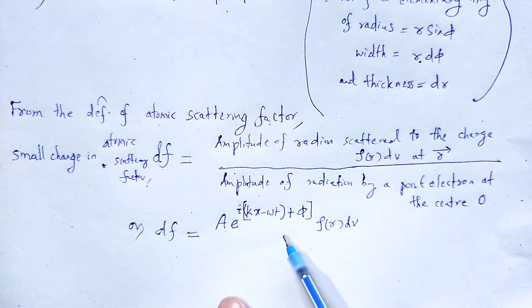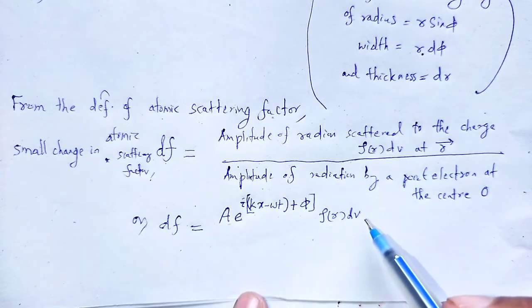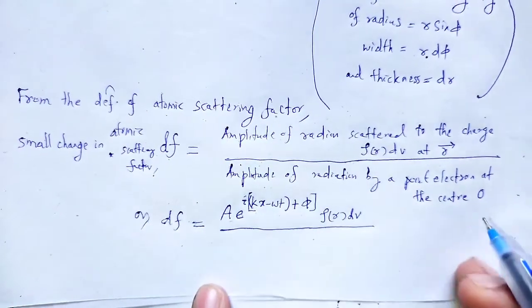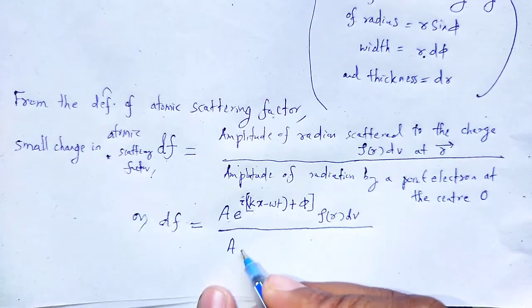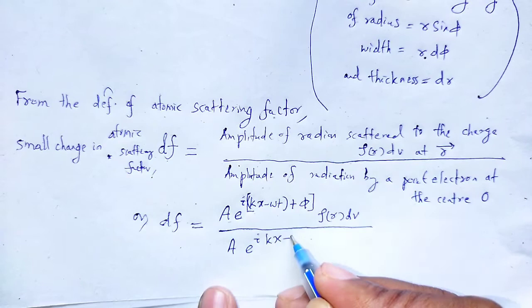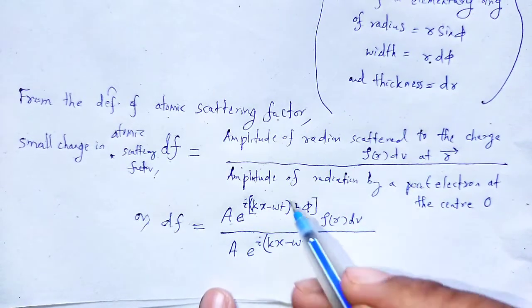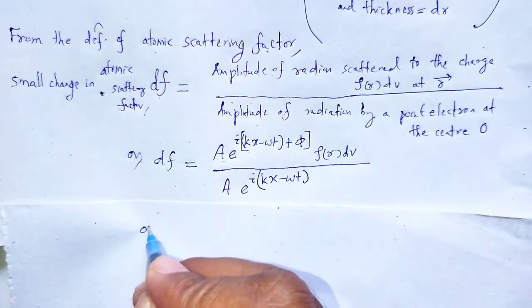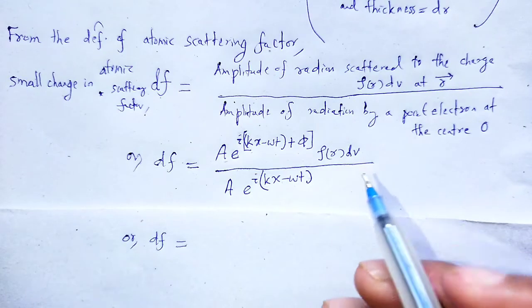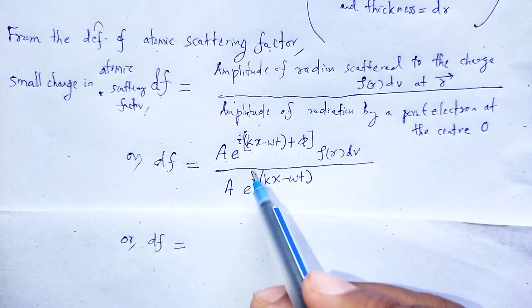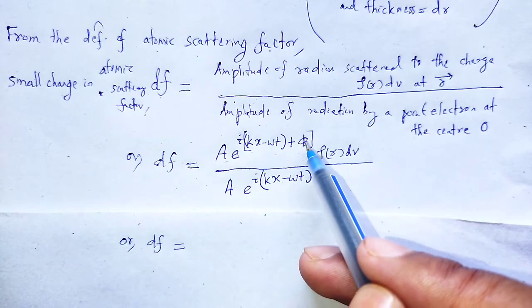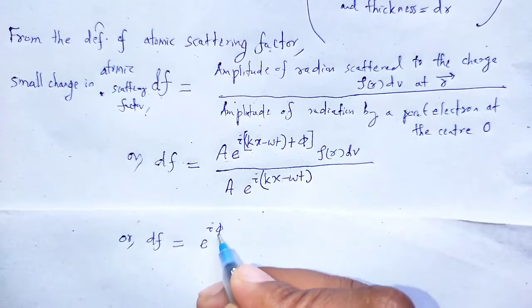For a single electron, and for the total electron, rho r dV is multiplied, divided by the single electron at the center, which is a e to the power i kx minus omega t, the wave equation. Expanding, a e to the power i kx minus omega t cancels out, so another term e to the power i phi exists.